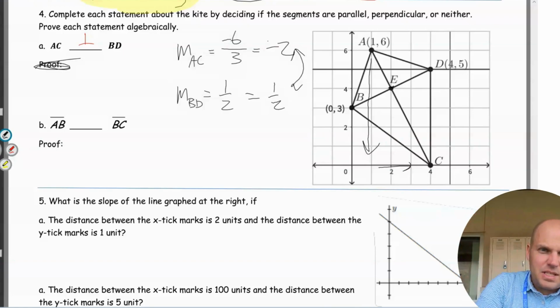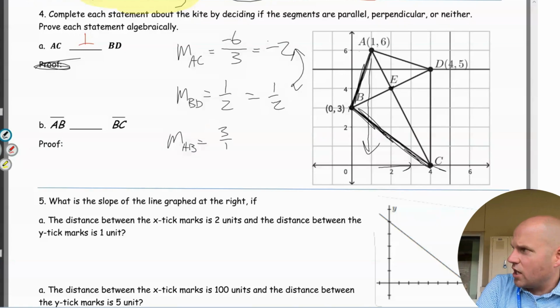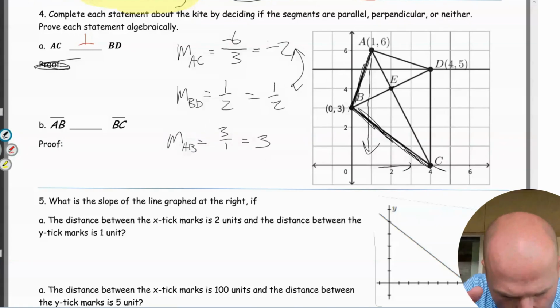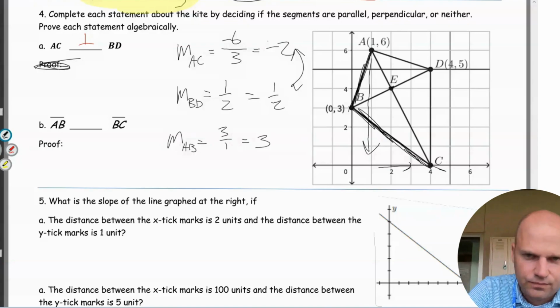What about AB and BC? Ooh, looks like it could be. I mean, you can kind of eyeball it and see that it's not. The slope of AB is up 1, 2, 3 over 1. It's like just talking about vertical and horizontal distances because they're easy to visualize versus diagonal distances.